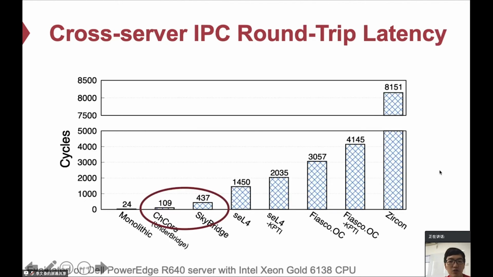Let's have a quick look at the performance gain brought by UnderBridge. We measure the round-trip latency of invoking an empty function in one server from another server. This figure shows the absolute cost of cross-server IPCs in different designs.